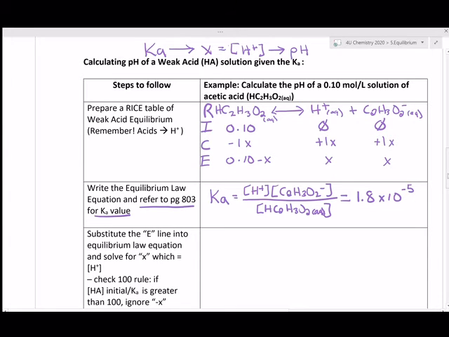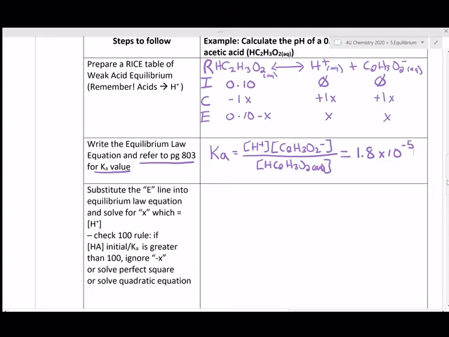Okay, so now we have two things that are occurring at equilibrium. Everything in the E line of your Rice table is at equilibrium, and Ka is the equilibrium law, so obviously it's at equilibrium. So we're going to substitute the E line into this formula.